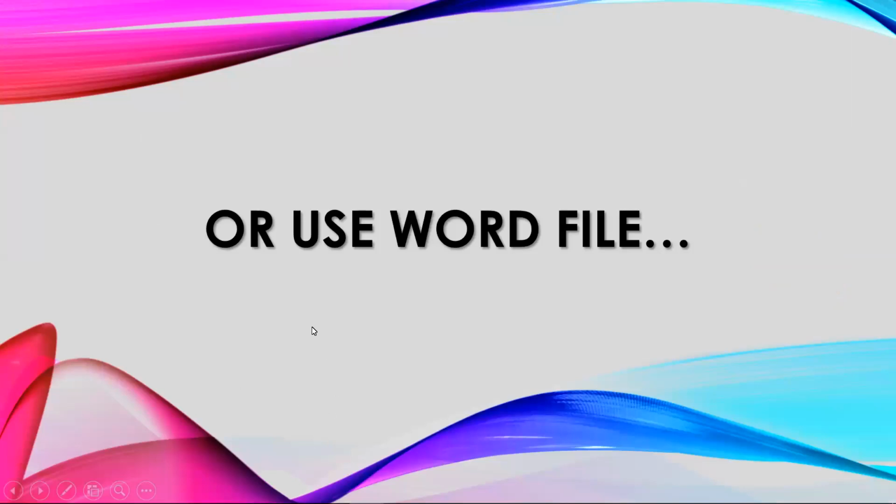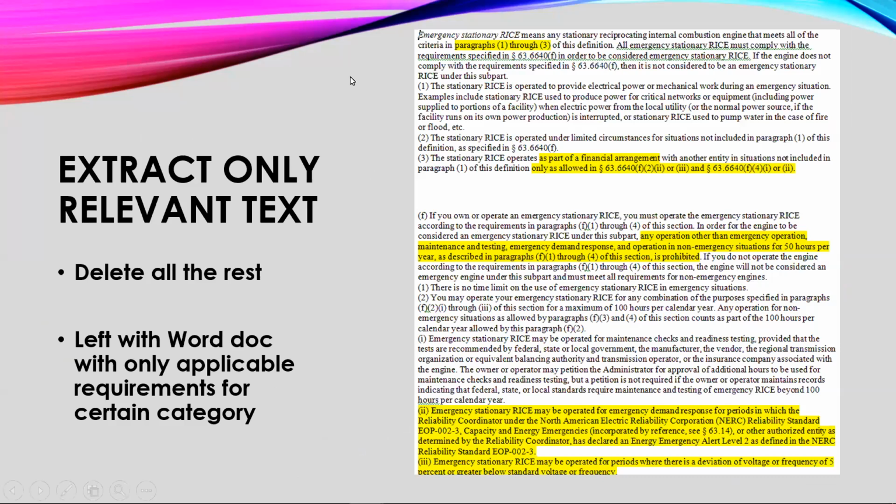If you prefer to just work within the Word document file and not mess around with a printed copy and highlighting and pens, there are other easier techniques to use in terms of just cutting and adjusting within that Word document. So finding the applicable requirements for just a certain subgroup of the rule applicability section, and focusing on that and finding all the cross references for that particular section.